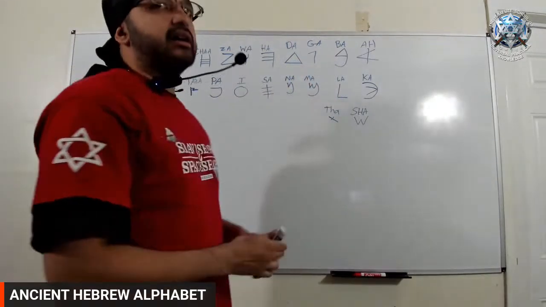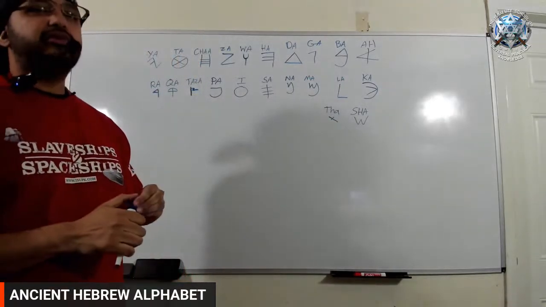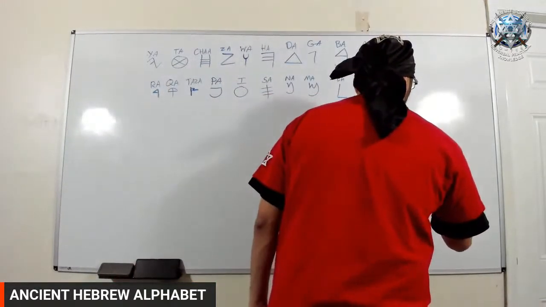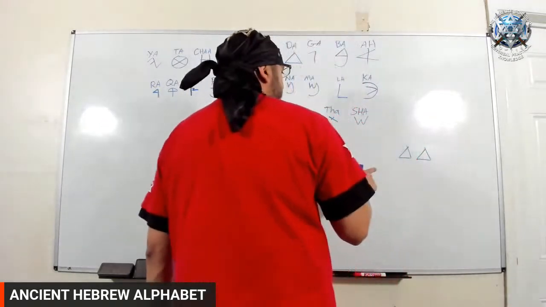Okay? Da, again, the Dawa Da, which is the ancient Paleo Hebrew name for David. Again, remember Da because Da is very important. Well, they're all important. You get what I'm saying? Da.